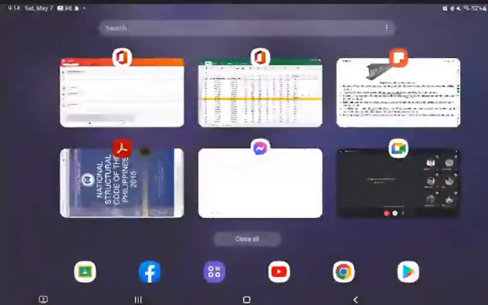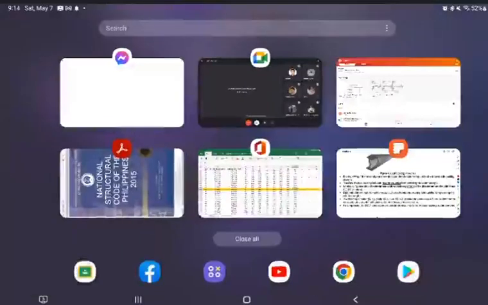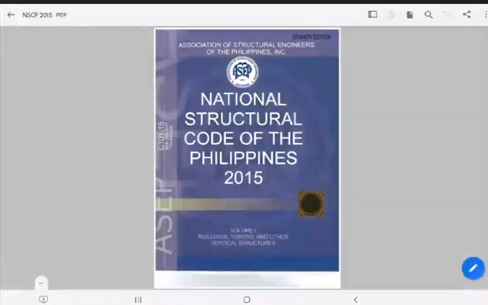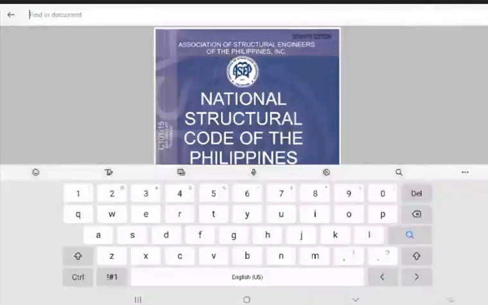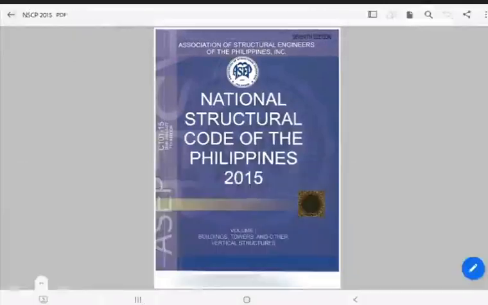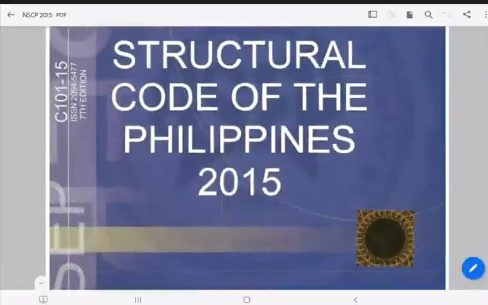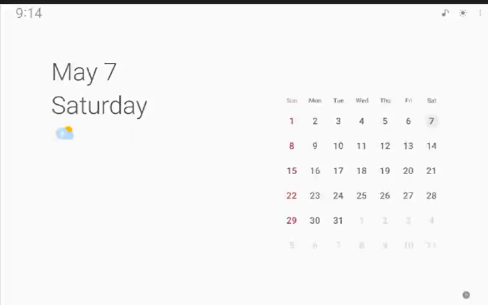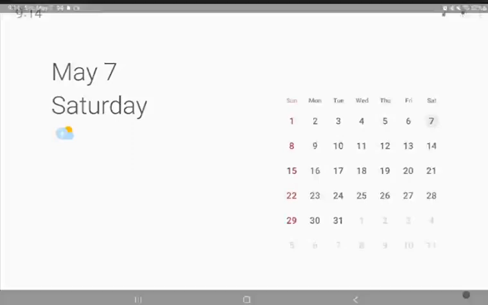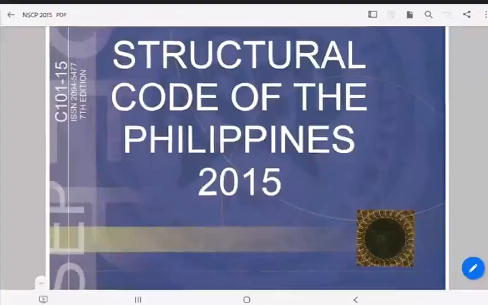Saan ba yun? Dito. Okay, and if I go to page, bakit find yun? Ayan. Wala na. Restore. Yeah.